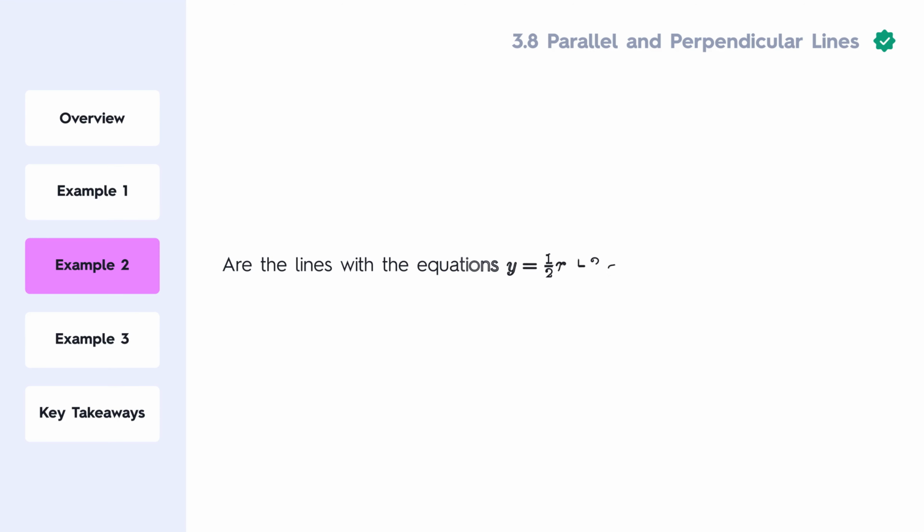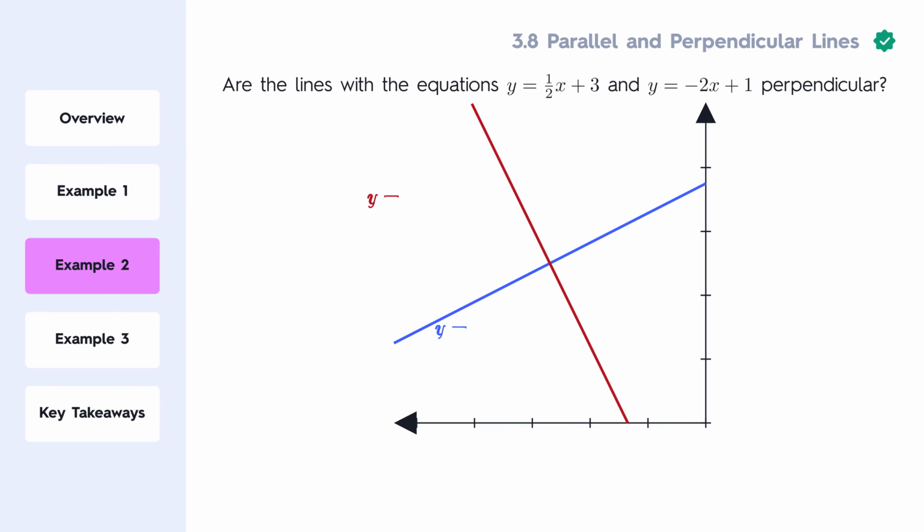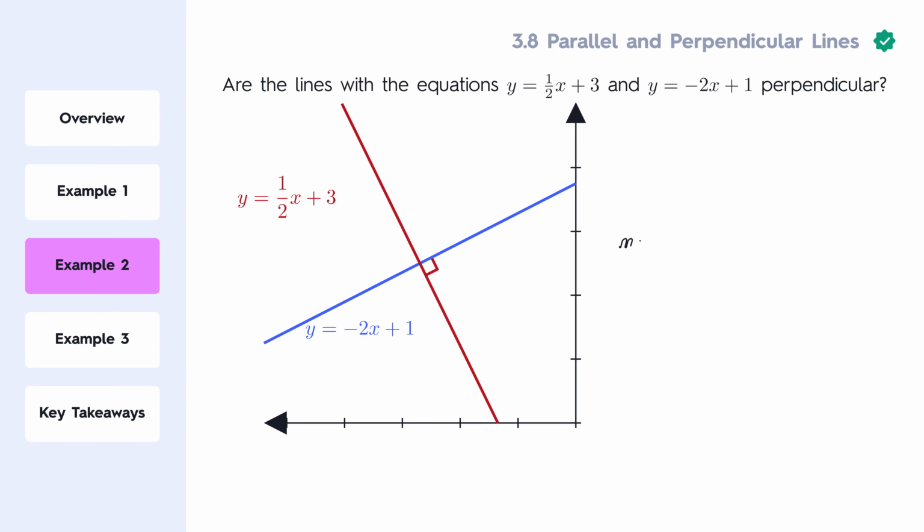Are the lines with the equations y equals 1 over 2x plus 3 and y equals -2x plus 1 perpendicular? Let's take this one step further. This time, we're checking if the lines are perpendicular. Perpendicular lines meet at a right angle, which means their slopes are negative reciprocals of each other. Now, let's identify the slopes of both lines.